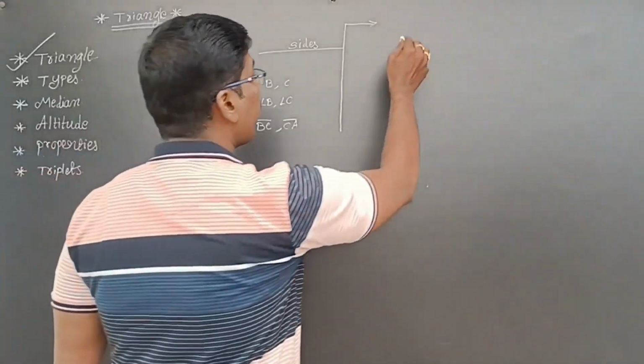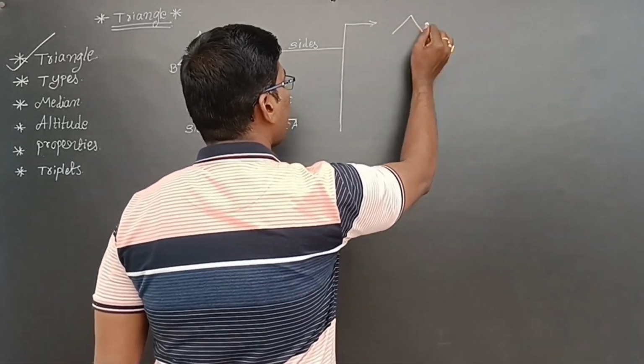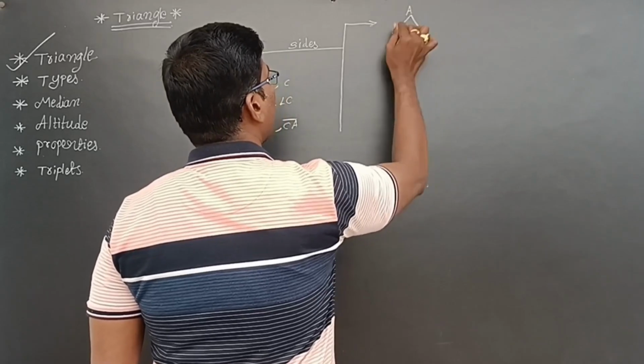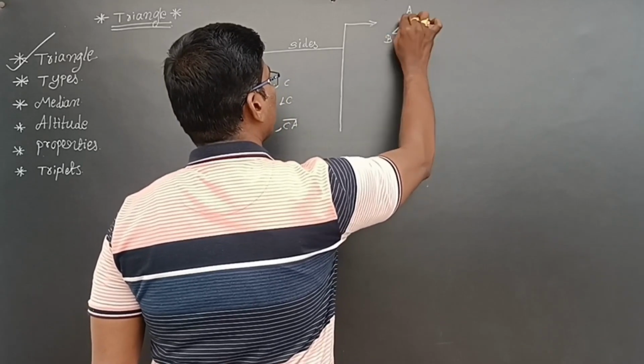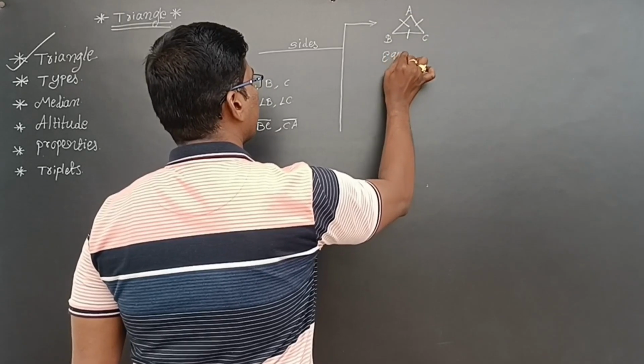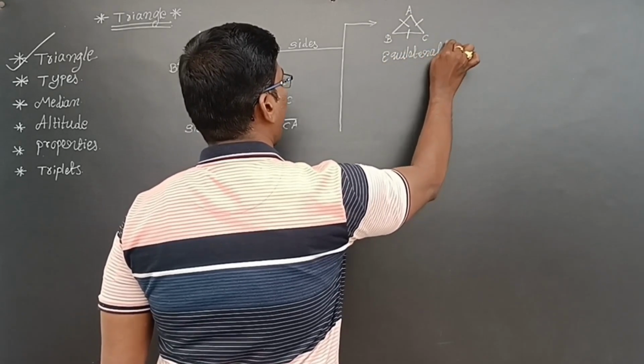A triangle in which all sides are equal is called an equilateral triangle.